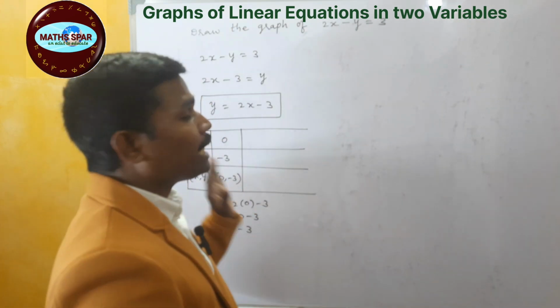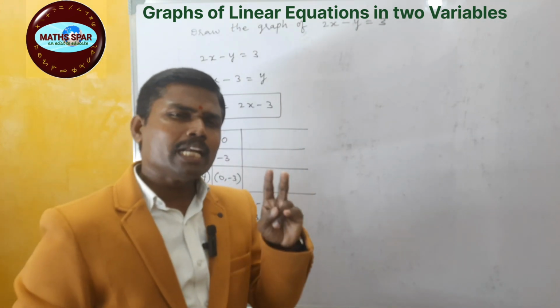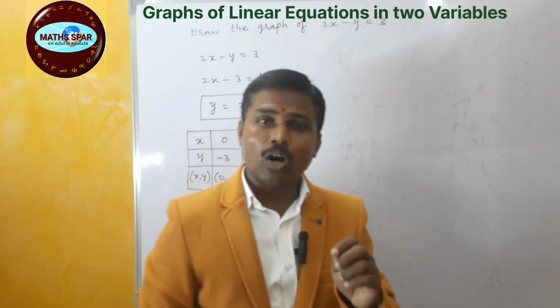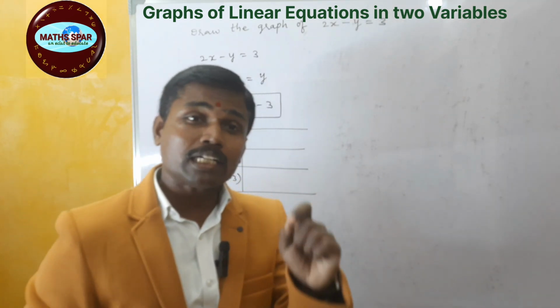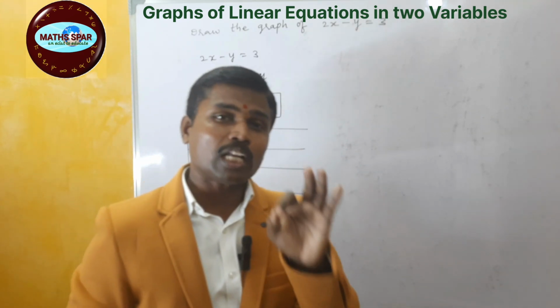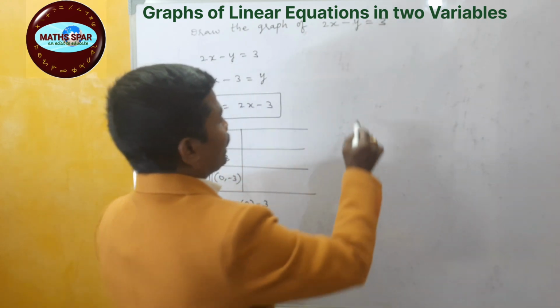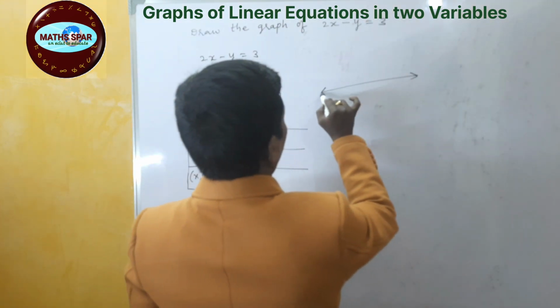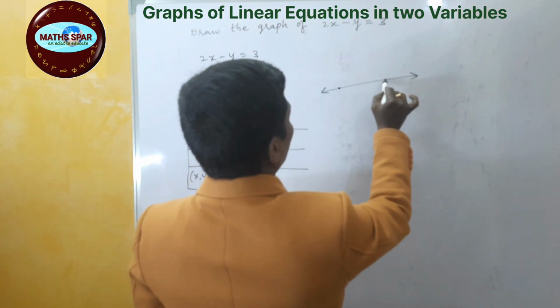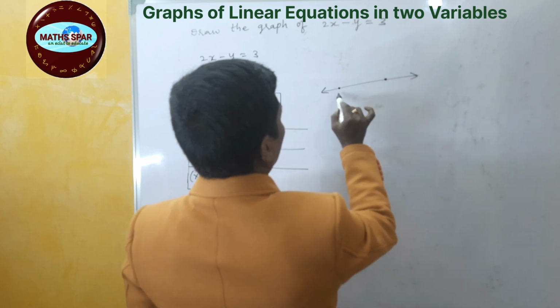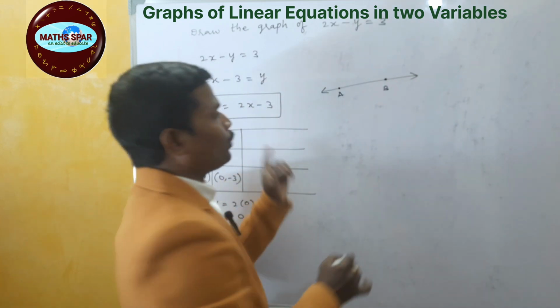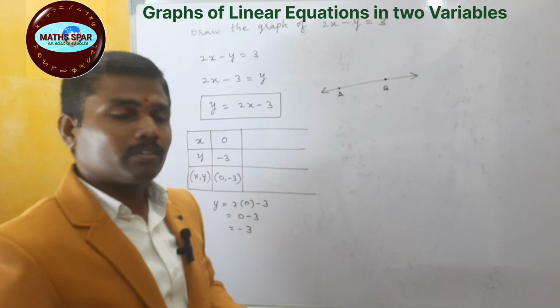To draw any line, the minimum number of points required is 2. If 2 points are there, we can draw a line.